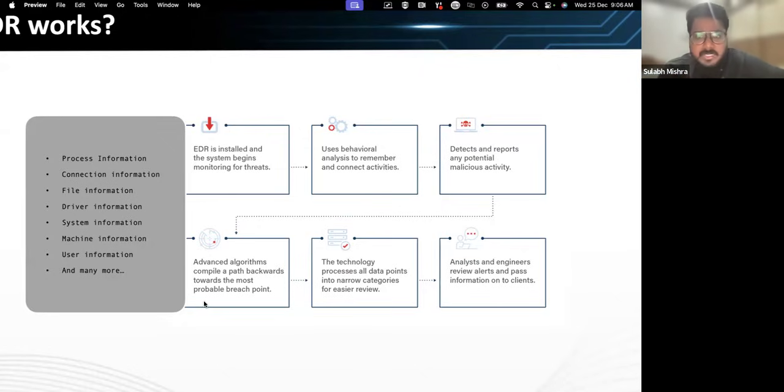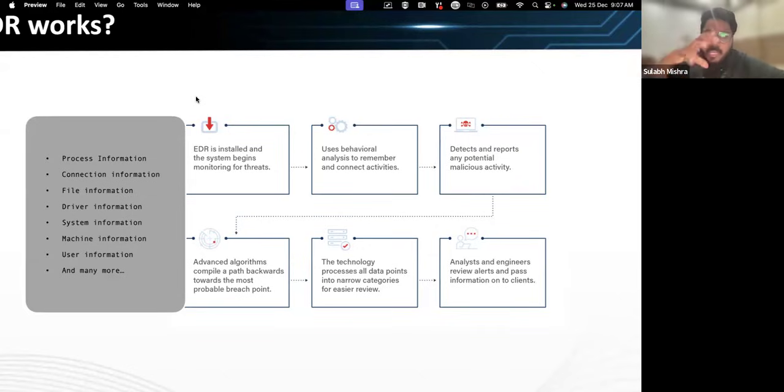We'll be seeing how it actually works as we keep going. But it gives you a combination of more algorithms. You can also see it has a technology that processes all the events and narrows them into categories. Out of the millions of events collected from an endpoint, it has the ability to help you narrow down what you're looking at, and those categories make it very easy.